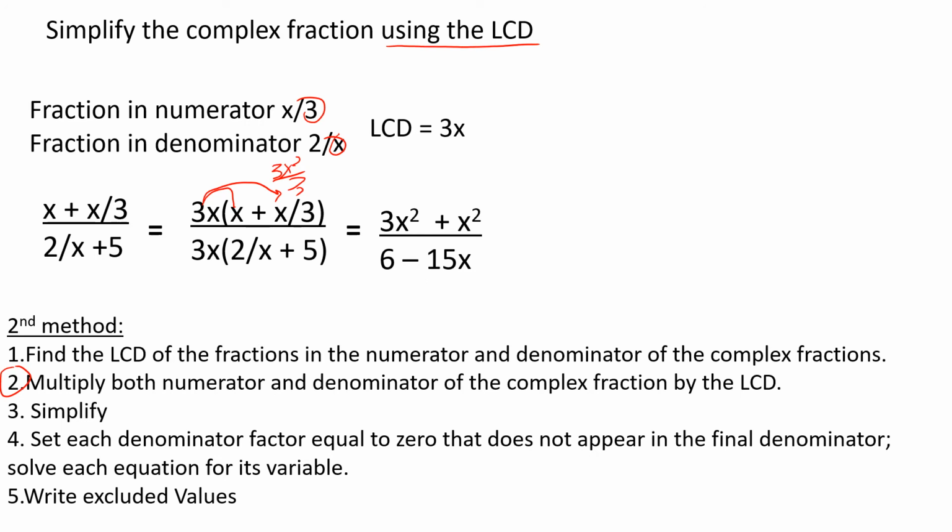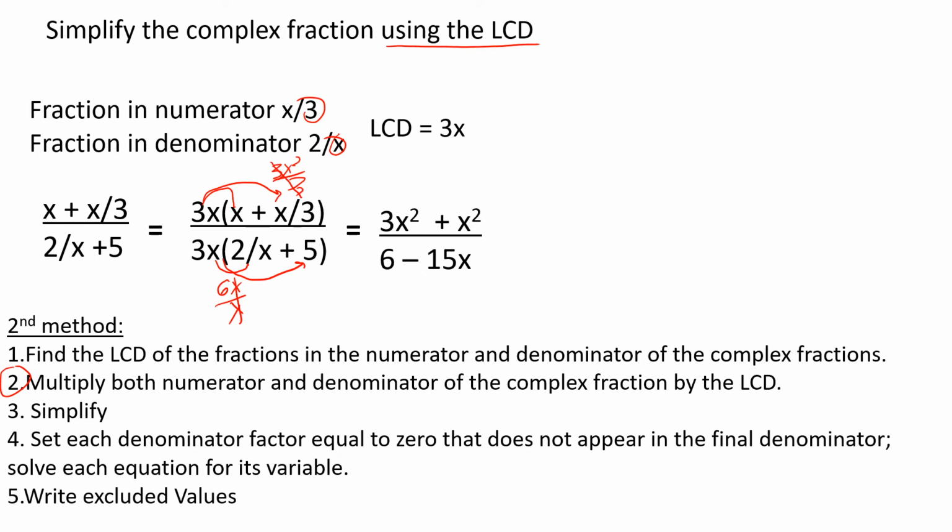The 3's cancel out, and you're left with x squared. Same thing here, we're taking this times this. That's going to give you 6x divided by x, so they cancel out, and you're left with 6. And 3x times 5 is 15x.